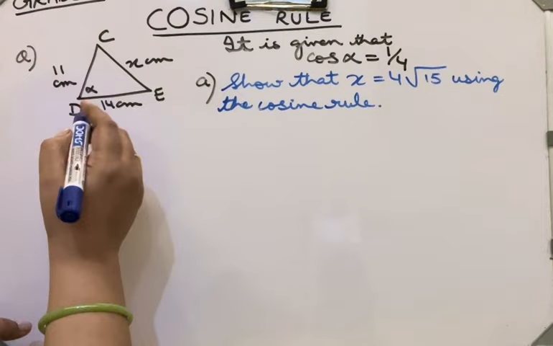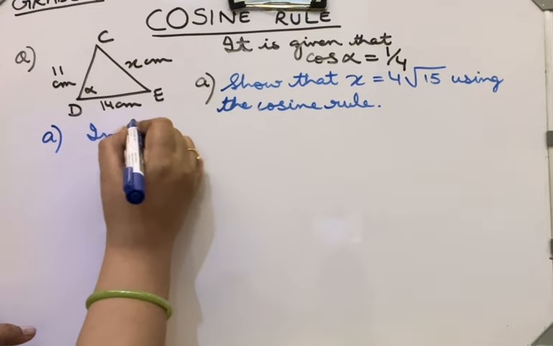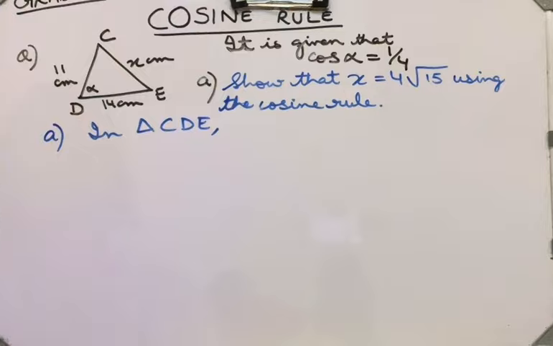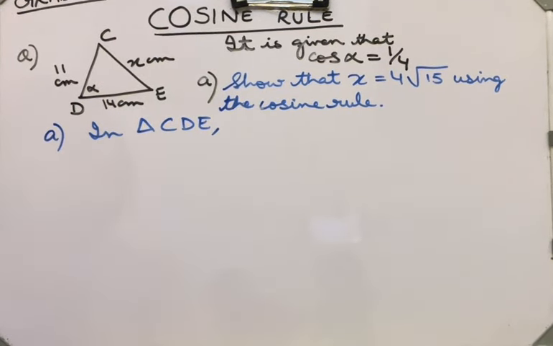So in part A, this is the solution. In triangle CDE, what do we observe? That two sides and an included angle are given.